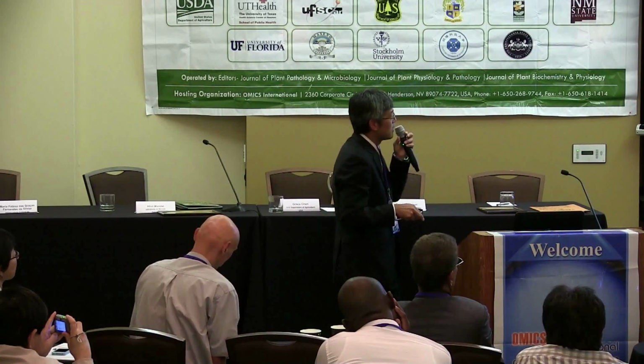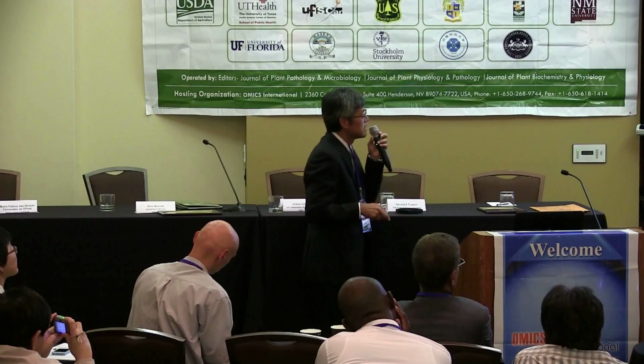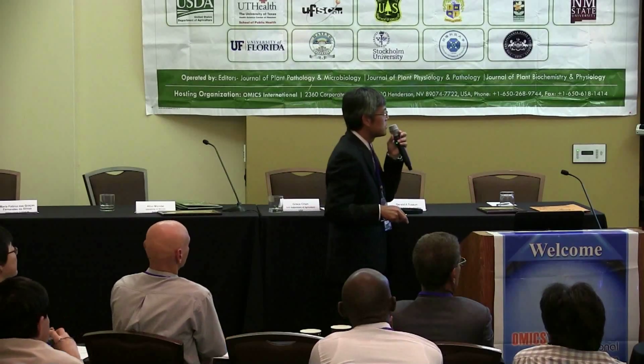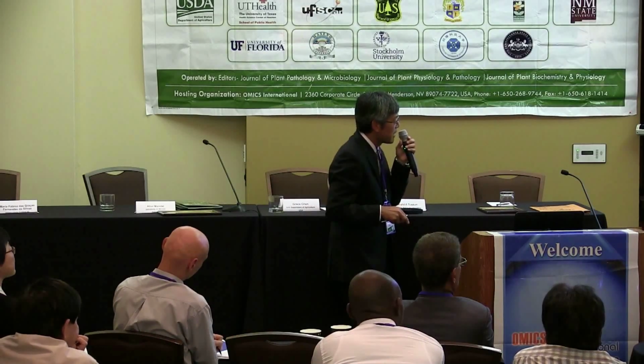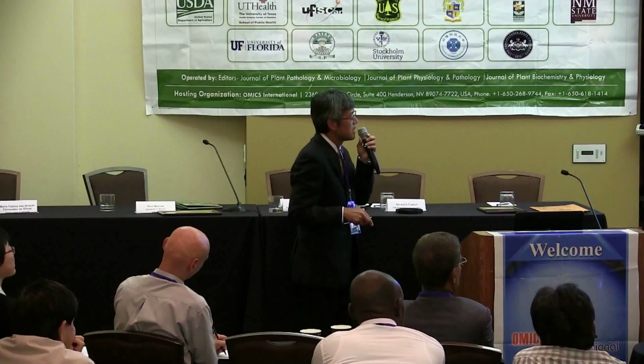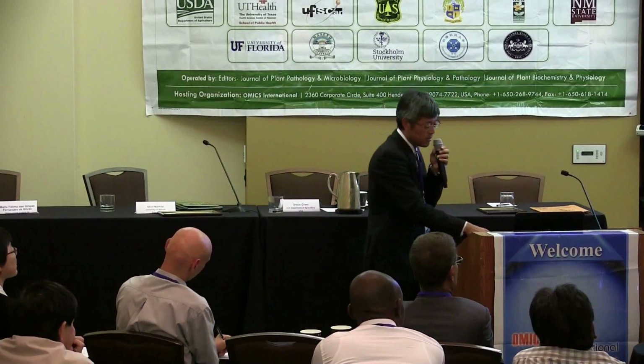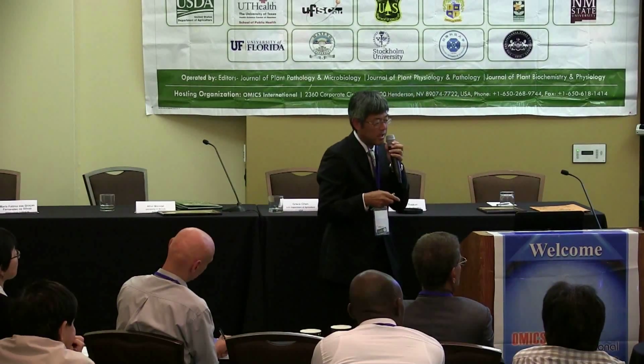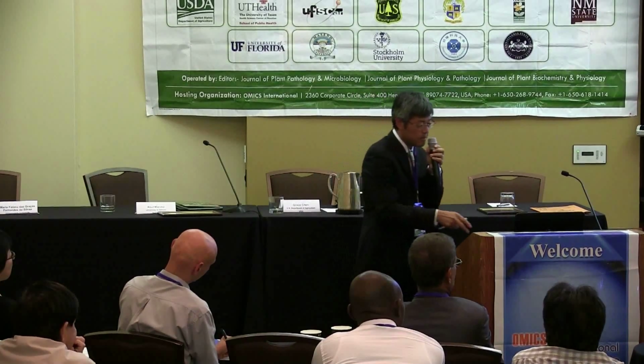Overexpression of MAPKK18 enhances the sensitivity to ABA, and on the other hand, overexpression of the kinase negative form can inhibit the ABA response. So, to summarize, MAPKK18 is a positive regulator of ABA signal.